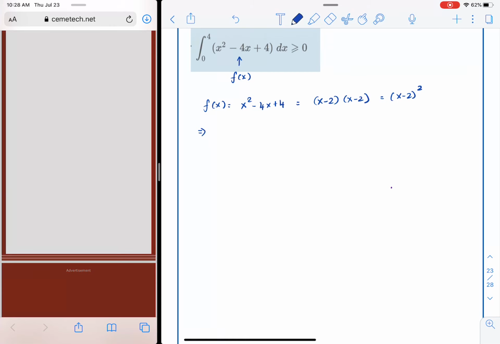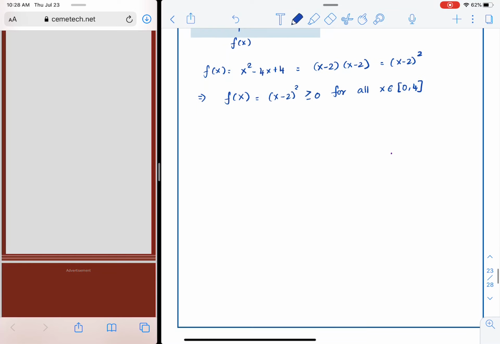So this would imply f(x) equals (x minus 2) squared is greater than or equal to 0 for all x in 0 to 4, because I could put any number between 0 and 4, including 0 and 4. f(x) will always be positive.